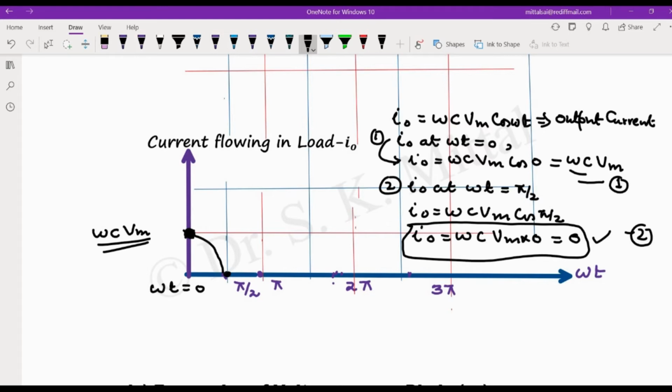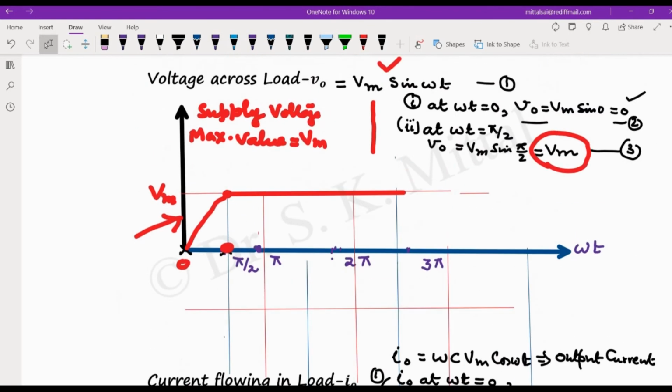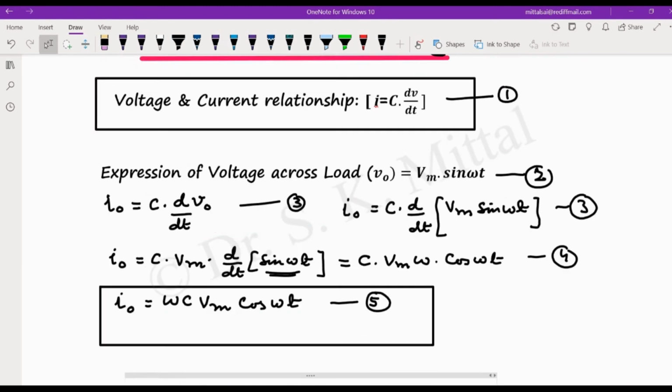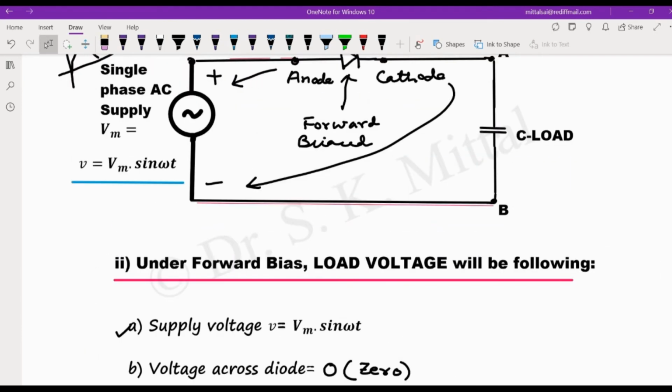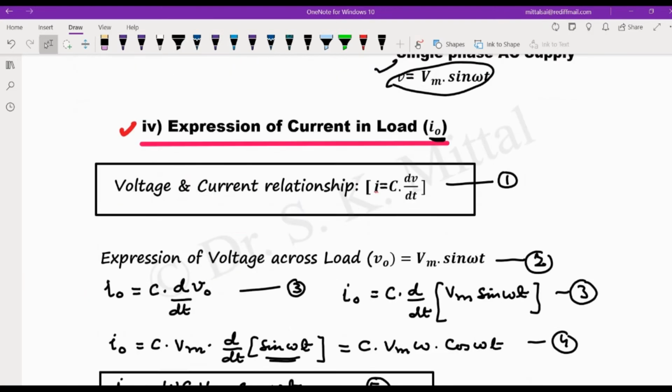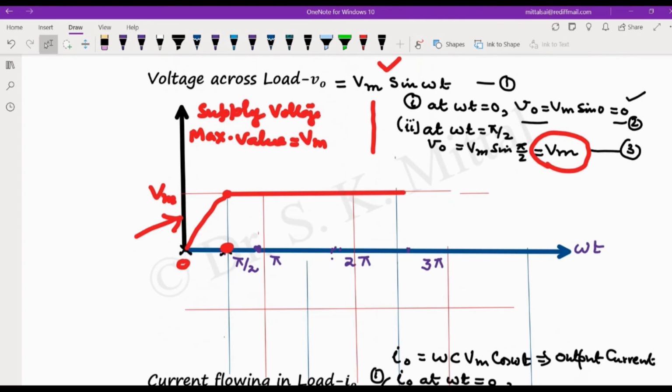Now after omega t is equal to pi by 2, what is happening? From the circuit, the maximum value we have given to this rectifier is Vm, and what is the maximum value of voltage obtained at omega t is equal to pi by 2?